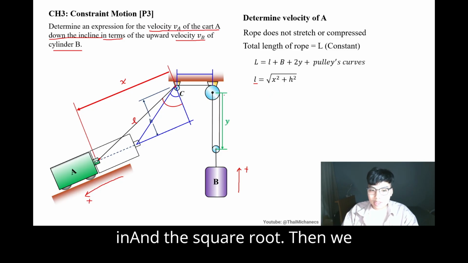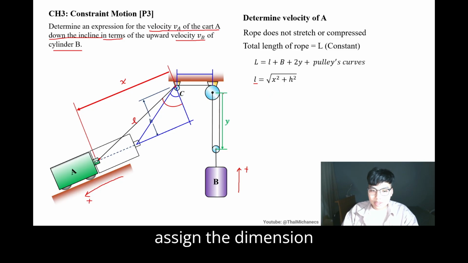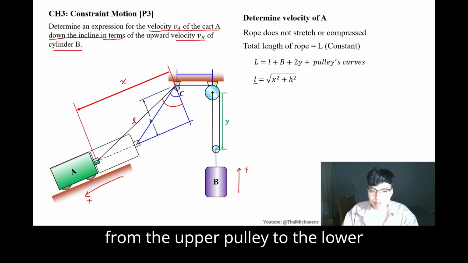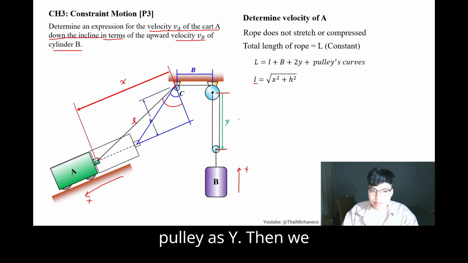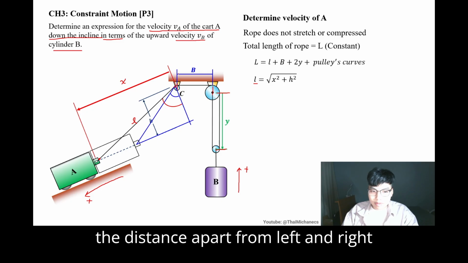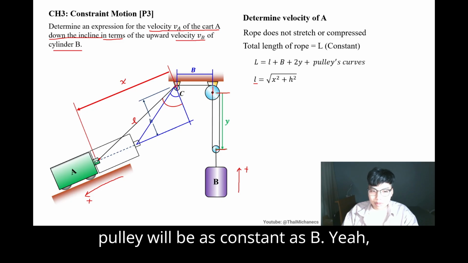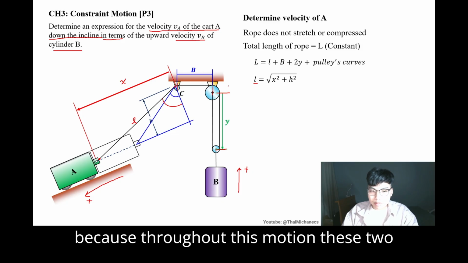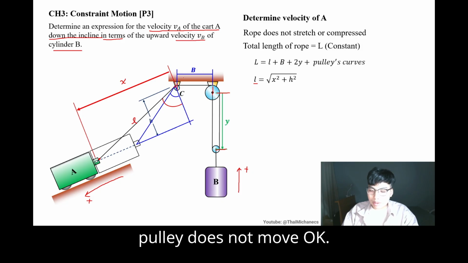Then we assign the dimension from the upper pulley to the lower pulley as y. Then we assign the distance between the left and right pulleys as a constant b, because throughout this motion, these two pulleys do not move.